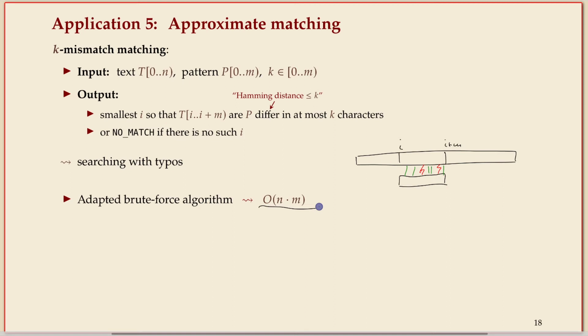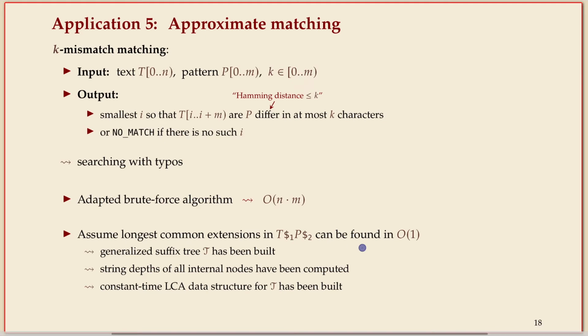And remember, for exact string matching, we could easily achieve this time order n plus m. And we were even able to figure out some parallel ways and all these things. So this is much worse, it seems.